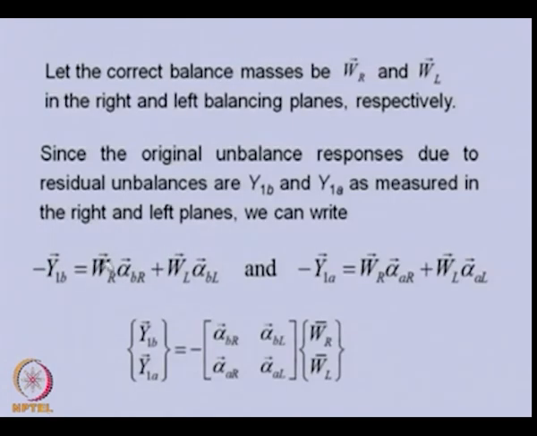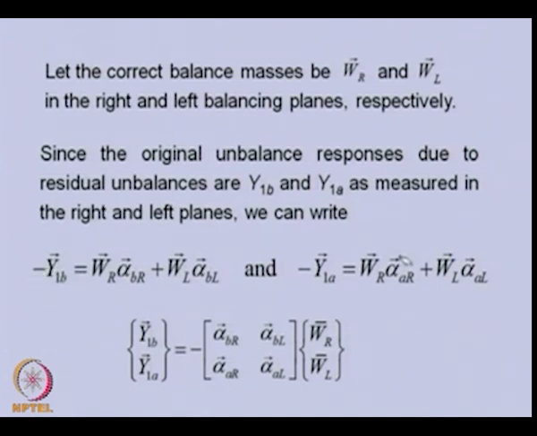So if we keep the correction masses, we expect that there will be no vibration at all. That's why we have equated this to minus y1B, the response due to residual unbalance in plane B, so that these correction masses give exactly the same response as before, but negative.